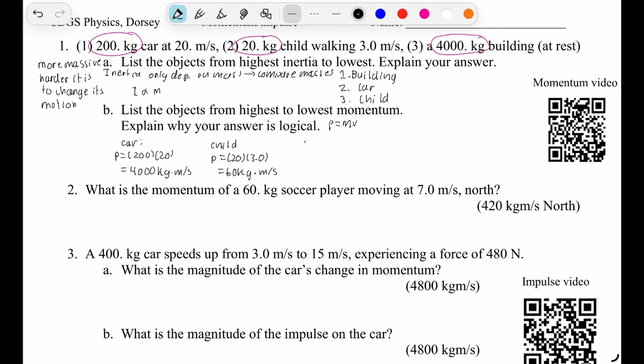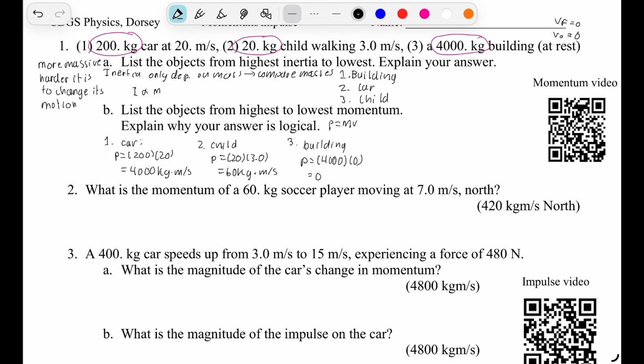Now for the building, that is going to be 4,000 times 0, because it's initially at 0 and it remains at 0. It's at rest. So 0. We can rank number 1 as the car, number 2 as the child, and 3 as the building.